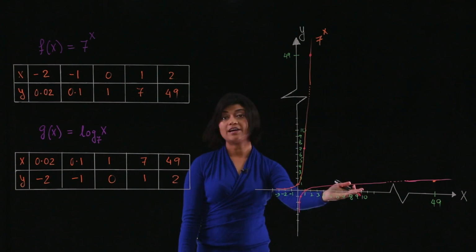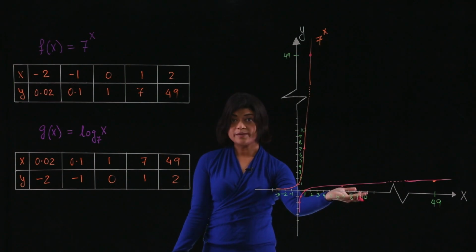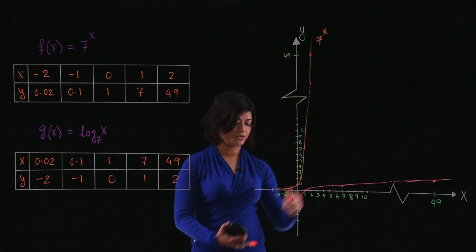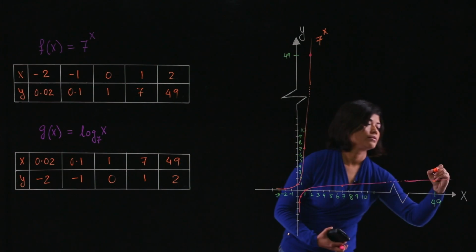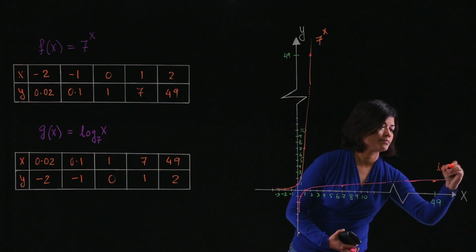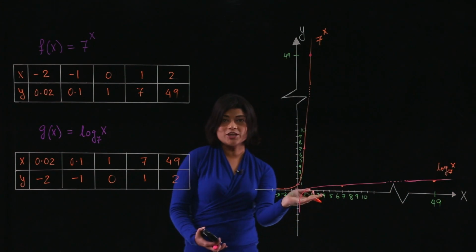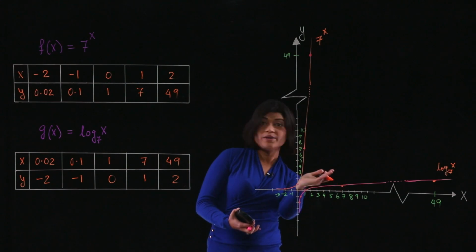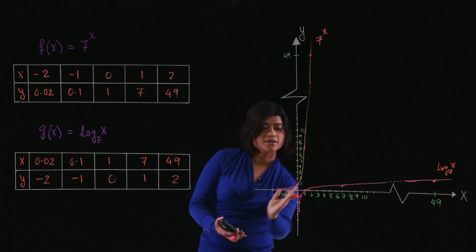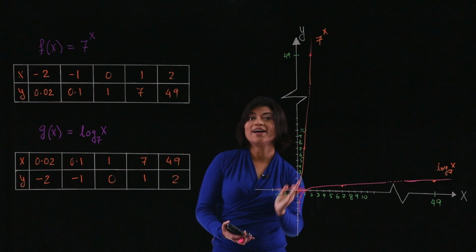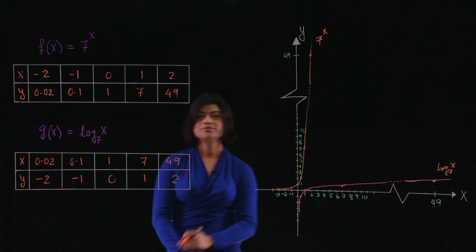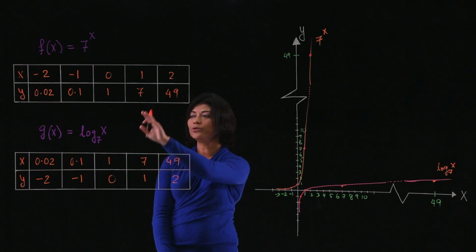So this is the graph of the logarithm function base 7, and this is 7 to the x. Notice that they are inverse to each other. As you can see, they are mirror images of each other, where the mirror, if you imagine, is the line y equals x. So we have the graphs of both f and g.